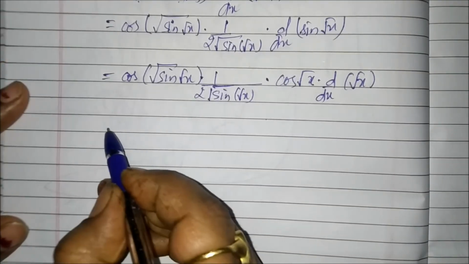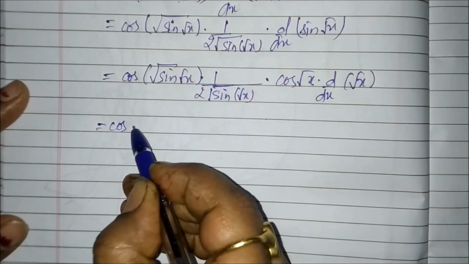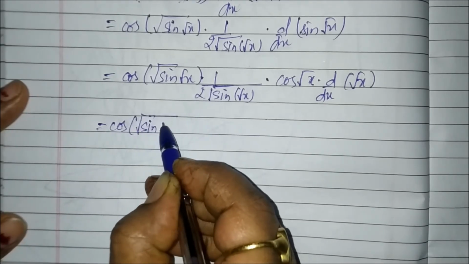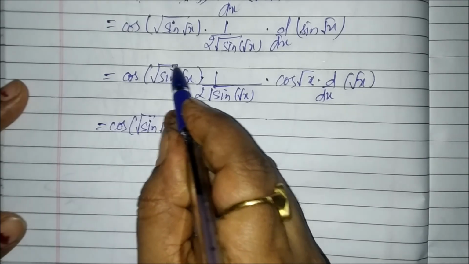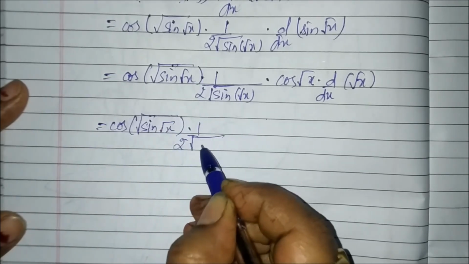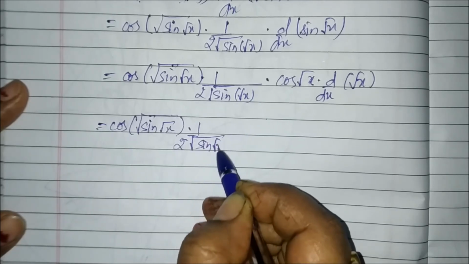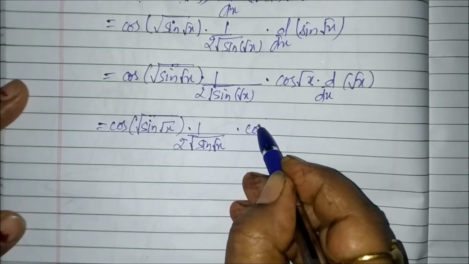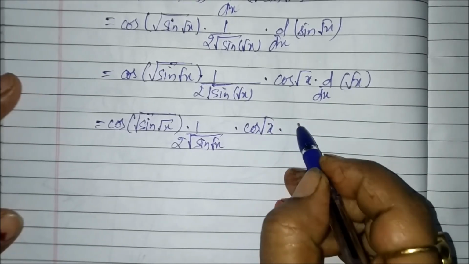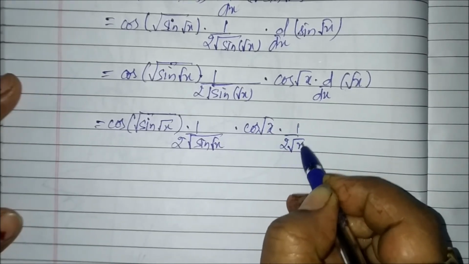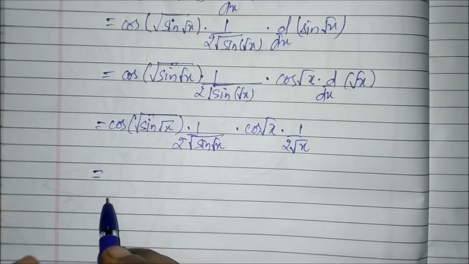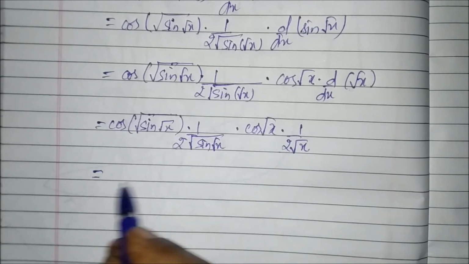Okay, writing all the terms, cos of root sine root x into 1 upon 2 root of sine root x into cos root x into derivative of root x is 1 by 2 root x. Now just arrange all the terms. This 2 and 2 will become 4.